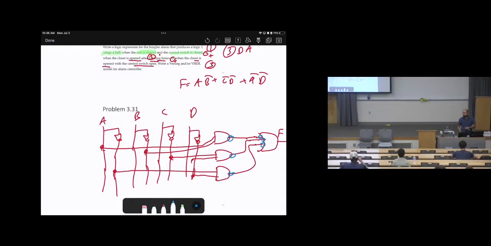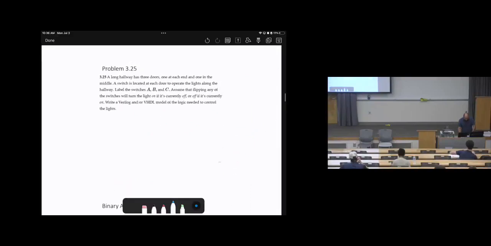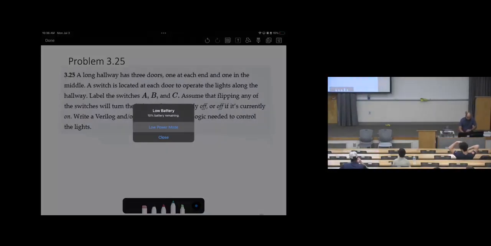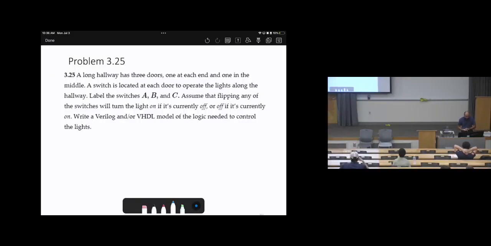Okay? This is one of the most common practical problems. This is problem 3.25. A long hallway has 3 doors, one at each end and one in the middle.